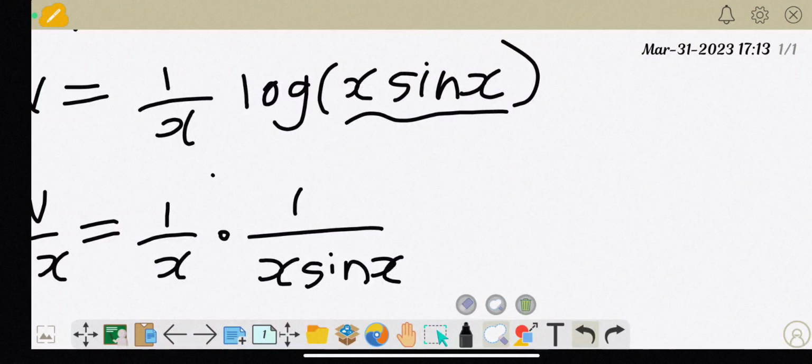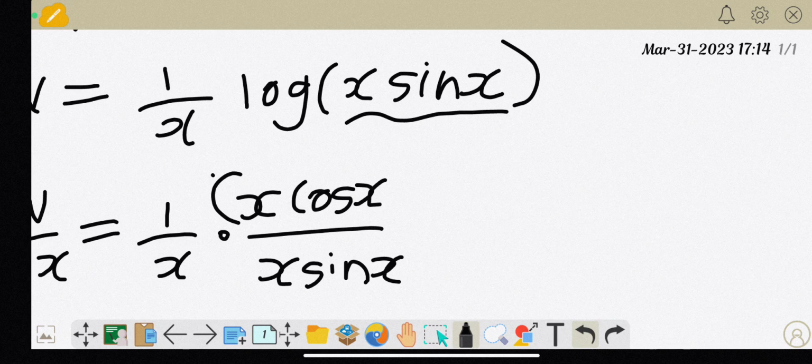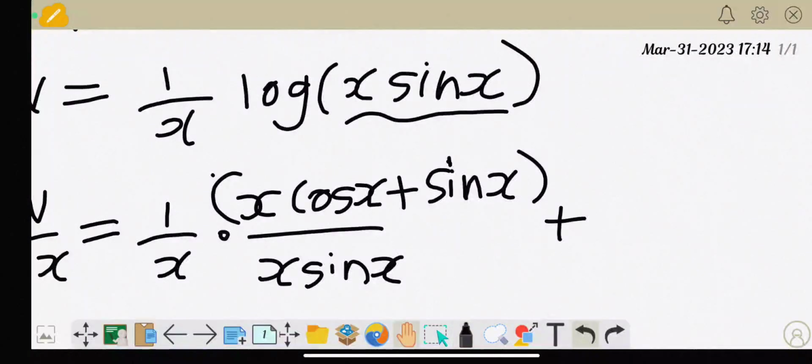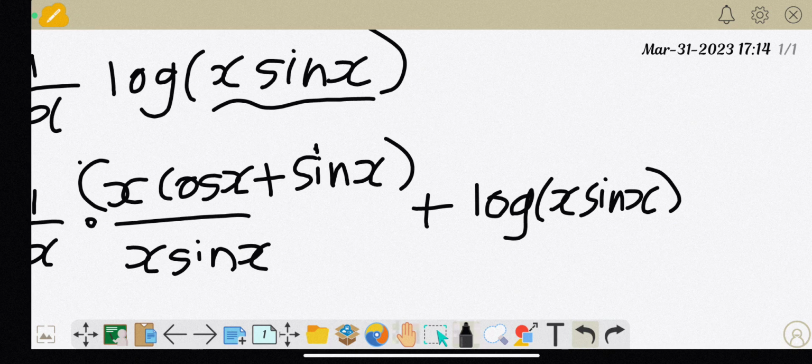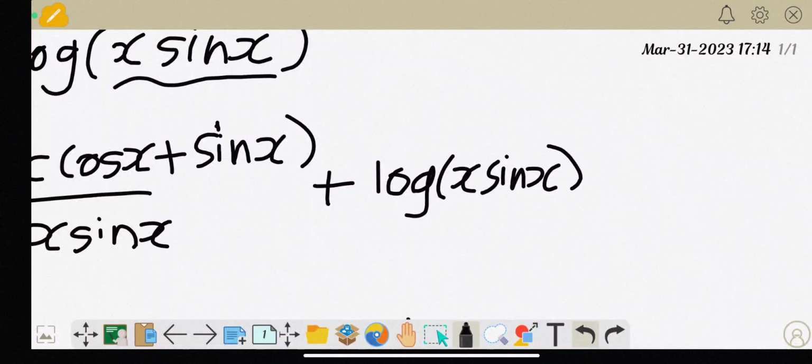So according to product rule, first into differentiation of second, it is cos x, plus second into differentiation of first, so sin x as it is, differentiation of x is 1, so sin x, plus second into differentiation of first, so log x sin x as it is, differentiation of first term 1 by x, it is minus 1 by x square.